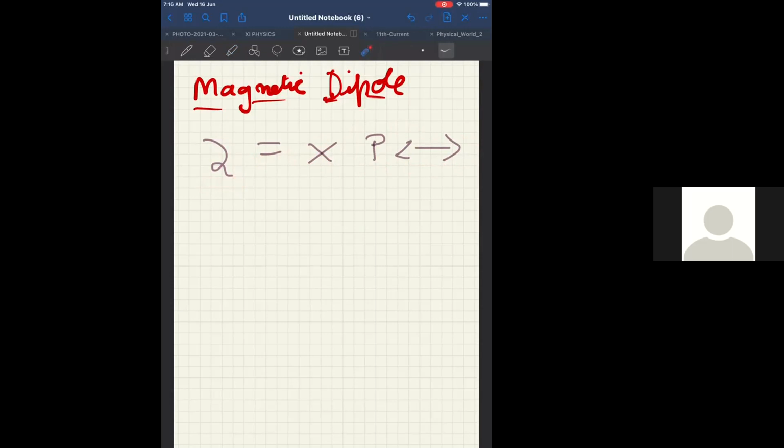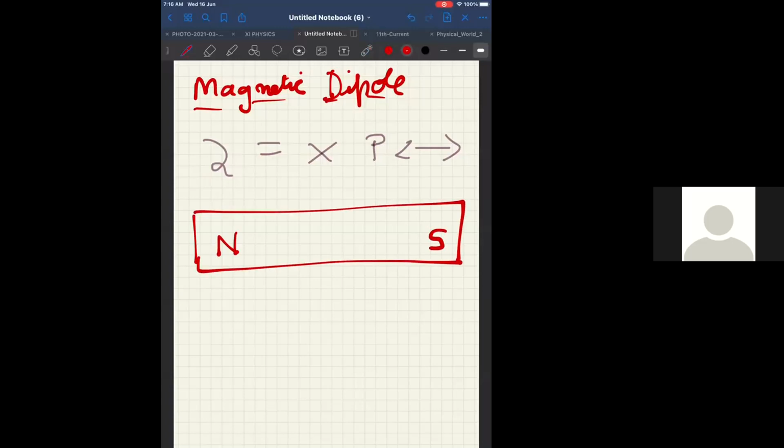So for example, here, if I have one pole over here, north pole, and the other pole over here, south pole, and this is a magnet. Now, can I say there are two equal opposite poles separated by some distance? Therefore, this system, therefore magnet, is called a dipole.